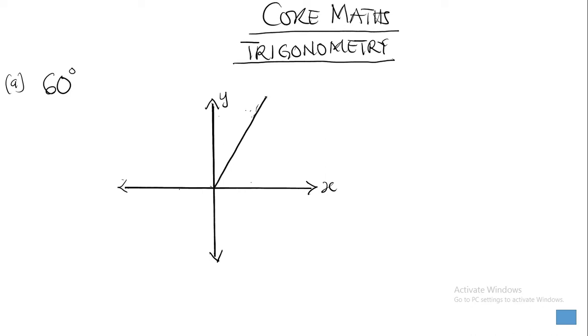Right. Good. So this is my terminal arm. From here to here is 60 degrees. So this is the initial arm and this is the terminal arm. So this is an angle of 60 degrees in standard position. Right. So let's move on.